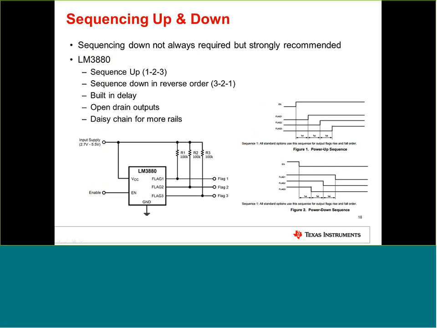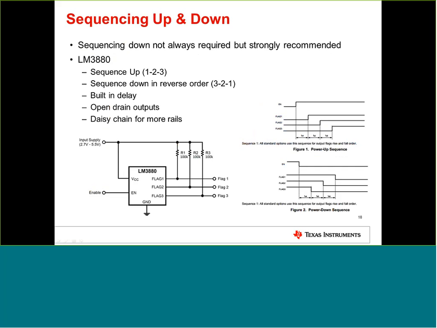One example is the LM3880. You have 3 outputs for this device, so you can control 3 different devices, or let's say you can have different flags for different sequences. And you can choose the order of these outputs.